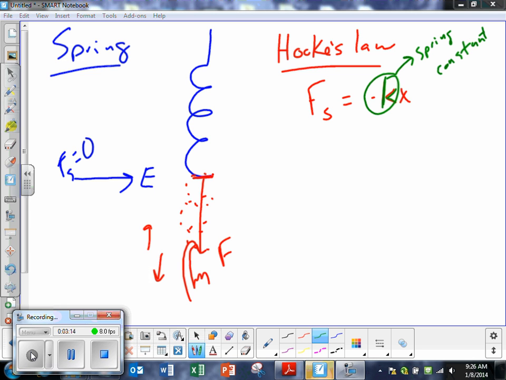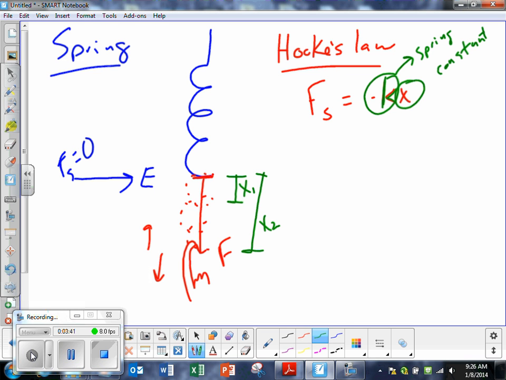So what do you think this x is? That x is a displacement. So if I stretch the spring this far, x1, versus stretch the spring this far, x2, which one's going to have a stronger force? x2, right?